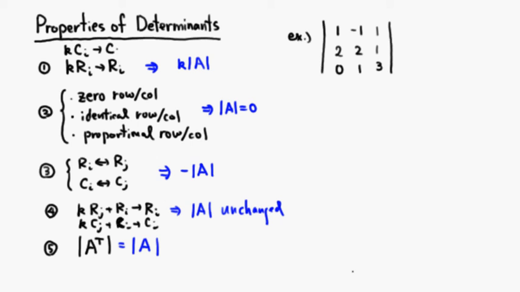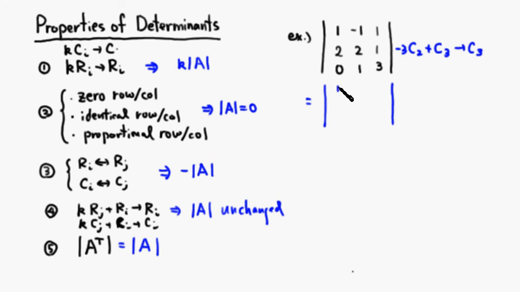For example, we can get rid of this 3 by taking column 2, multiplying by negative 3, and adding it to column 3. That becomes the new column 3. The determinant is going to be unchanged, though the matrix is of course different.